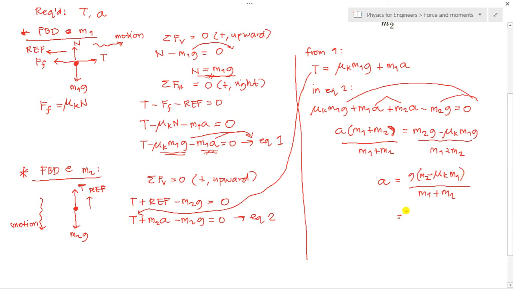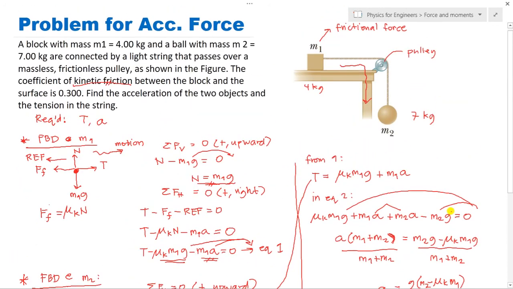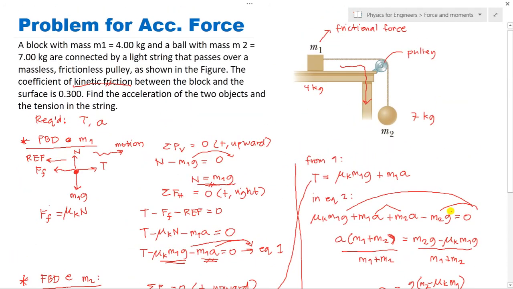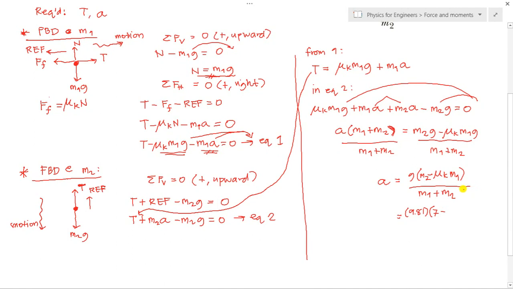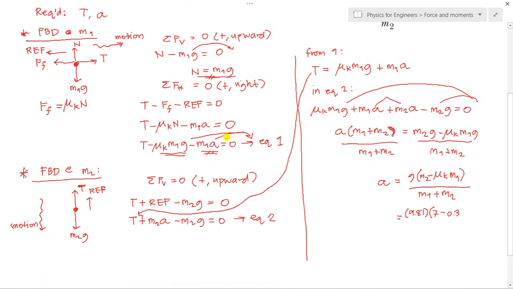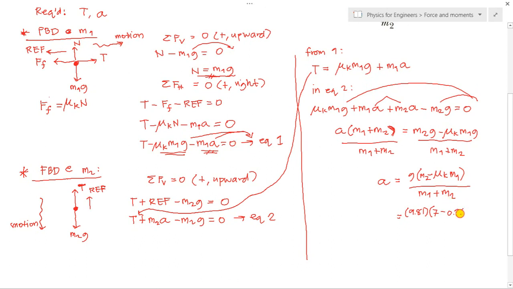Okay, our G is 9.81. Our mass 2 is 7 kilograms. We have no problem converting units, class, because they are all consistent, in metric. So we have minus 7 times 0.3 for the kinetic friction. Then mass 1 is 4, I mean 4 kilograms, sorry. So 4 kilograms, divided by mass 1, which is 4 kilograms, plus mass 2, which is 7 kilograms.